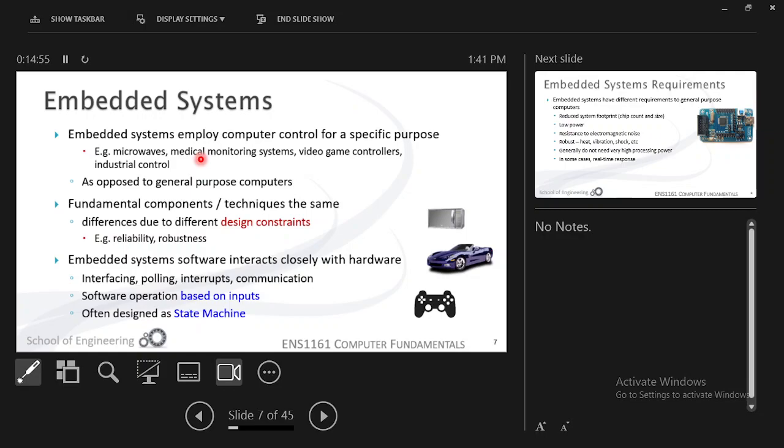But don't misunderstand, these are not mechanical devices. Instead, these are electrical devices, but they focus on an additional piece of software to take decisions. That's the difference between an embedded device and an electric or electronic device.